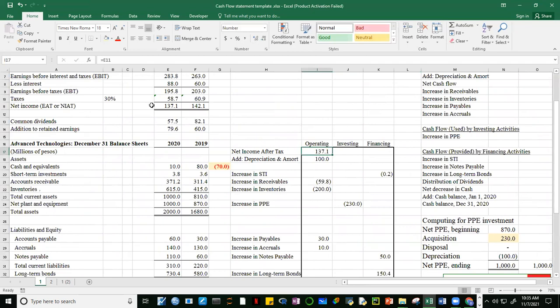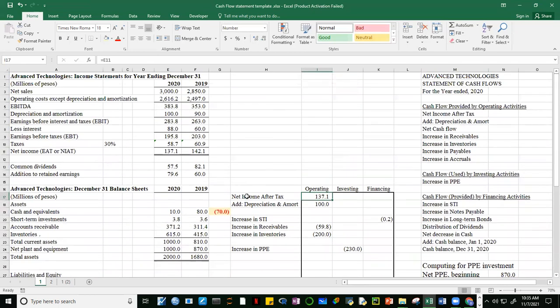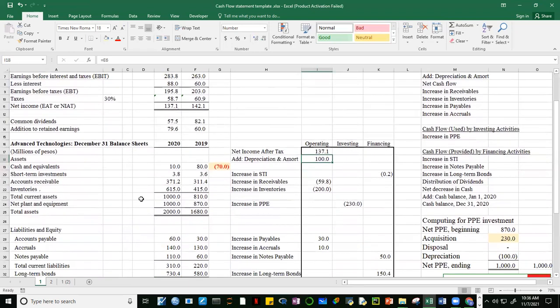Okay, so we just get this from the income statement of the current year.